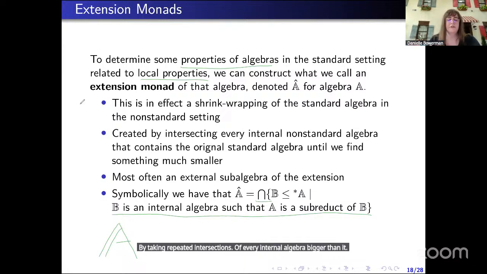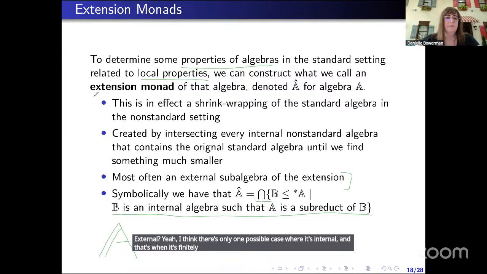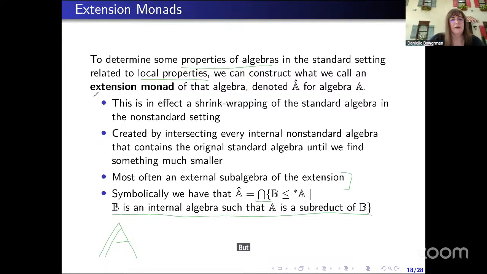This is, most of the time, unless you have a very boring algebra, external. I think there's only one possible case where it's internal, and that's when it's finitely generated, but I don't think we'll get to that too much.